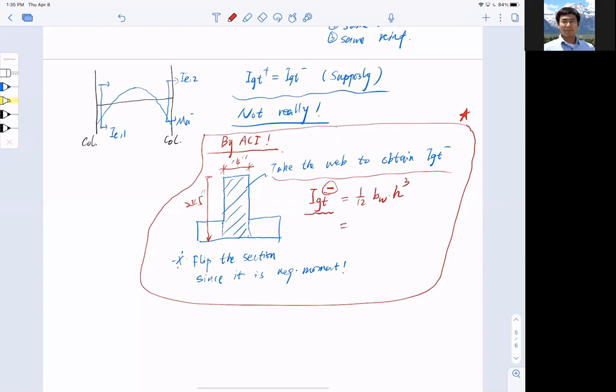In this case, it's 1/12 multiplied by 14 inches and multiplied by 24.5 inches to the power of 3. So your true IGT negative is 17200 inch to the power of 4. Now I will put a not-equal sign here. So by ACI, it is not equal.